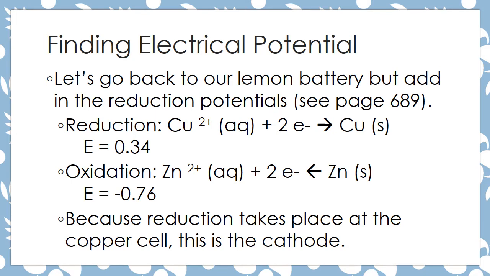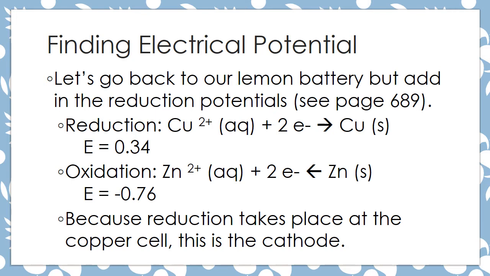Now, the zinc side, that's where oxidation is occurring, but I've written it as a reduction reaction because it's the reduction potential that matters. Now I could write it as an oxidation, and I could use the oxidation potential and add it. So you can add the oxidation potential or you can subtract the reduction potential. And since we're already using reduction potential for the reduced side, we just stick with reduction potentials to make it easier. Everything's in one table.